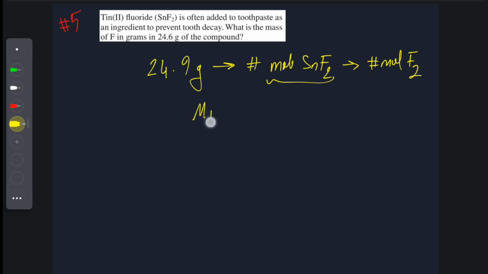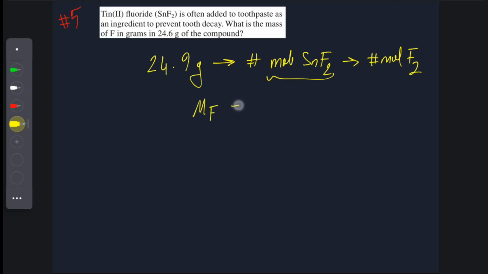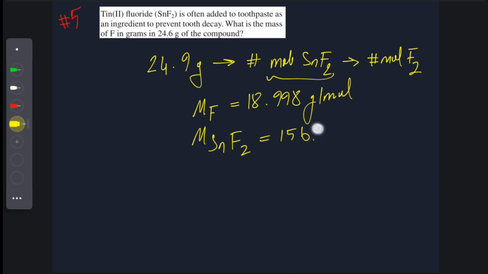And the molar mass of F is 18.998 gram per mole, and the molar mass of tin fluoride is 156.71 gram per mole. We can make them smaller to gain space.